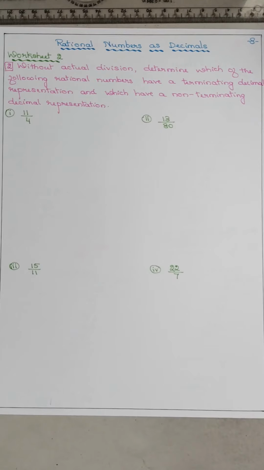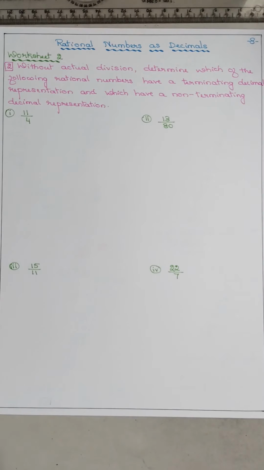We were discussing the worksheet 2 of rational numbers as decimals. Now coming to the second question: without actual division, determine which of the following rational numbers have a terminating decimal representation and which have a non-terminating decimal representation. In the examples, we have understood these types of sums.